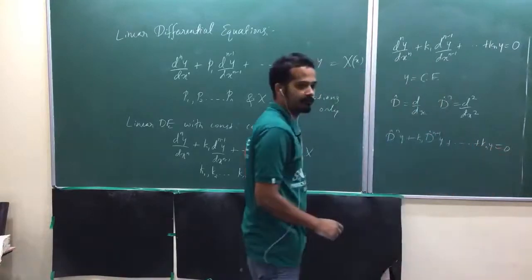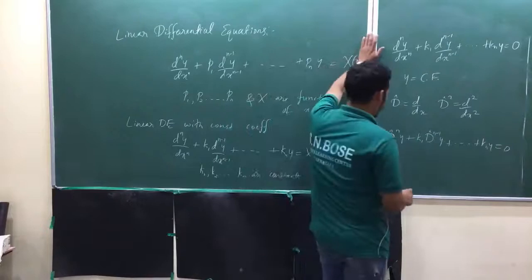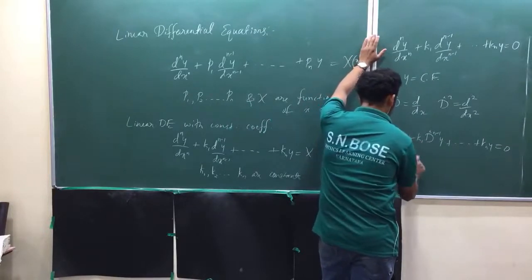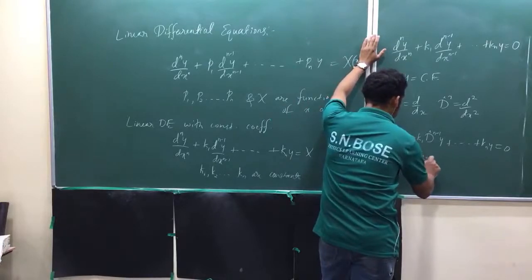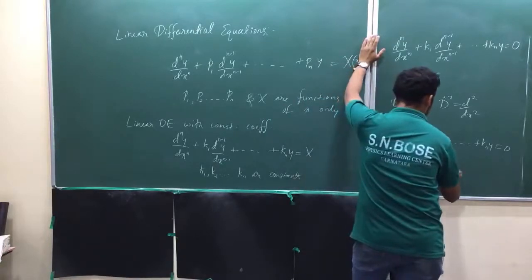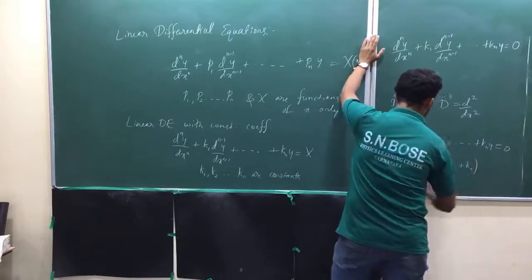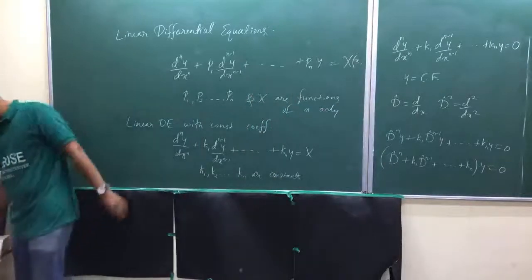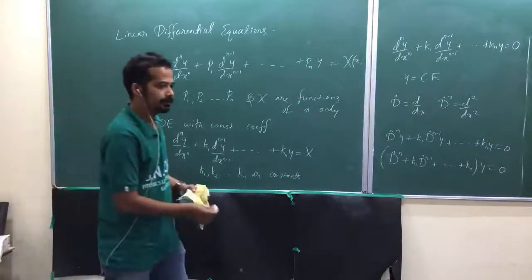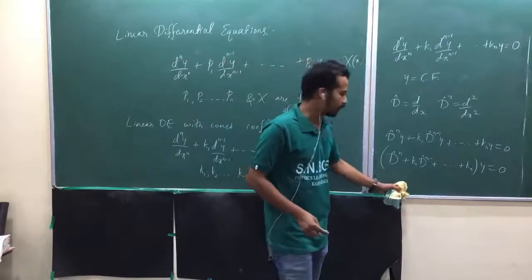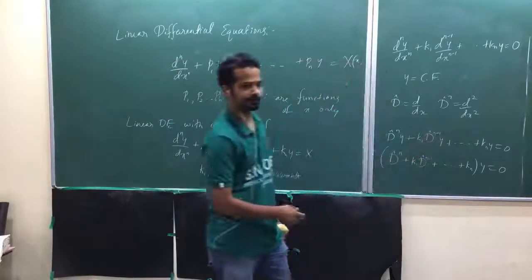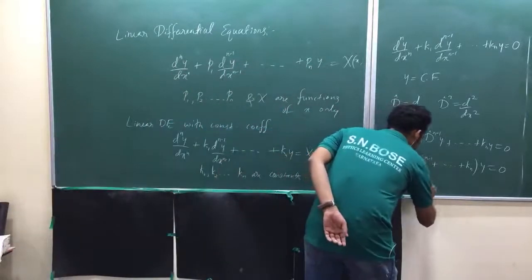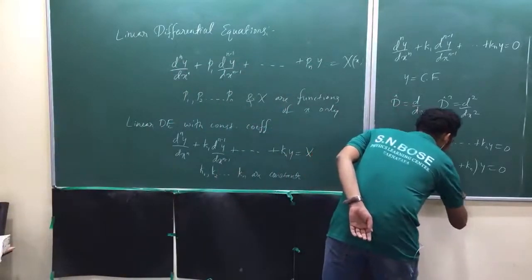Am I right? Now you can take y outside: D cap raised to n plus k1 into D cap raised to n minus 1 plus and so on plus kn, operating on y, equal to 0. Is that okay? Now we call this some function of the operator, function of D. So shall I call it F of D cap operating on y equal to 0.